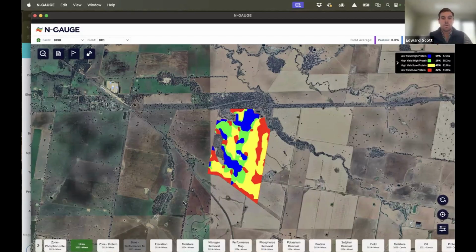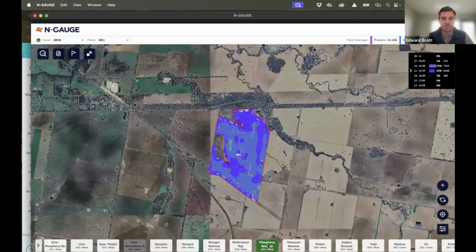Yes, we have a strong focus on nitrogen. Nitrogen is the key lever around protein management, but by crunching the numbers on these maps, the Engage app can also give us other data layers. One of those is the nitrogen, phosphorus, and sulfur removal, which can be a really handy tool for replacement maps.